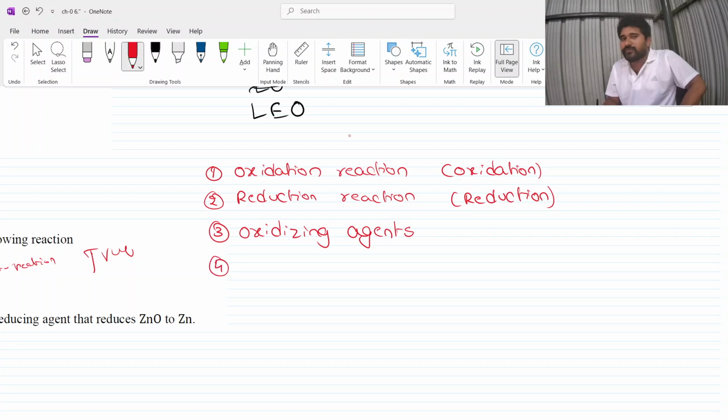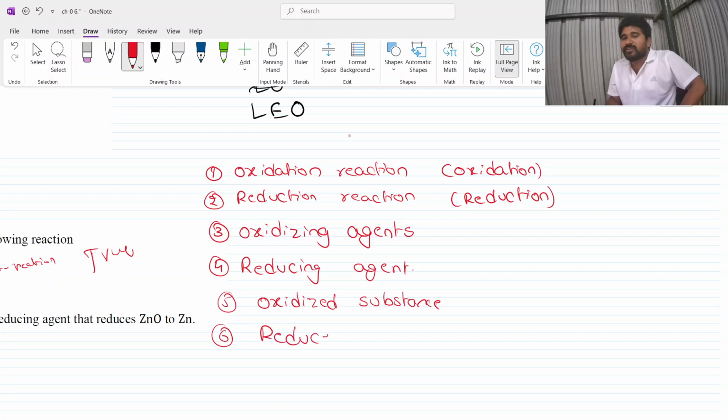Third, fourth one: reducing agent. Next, fifth one: oxidized substance. Sixth one: reduced substance. What is the reaction they have given?